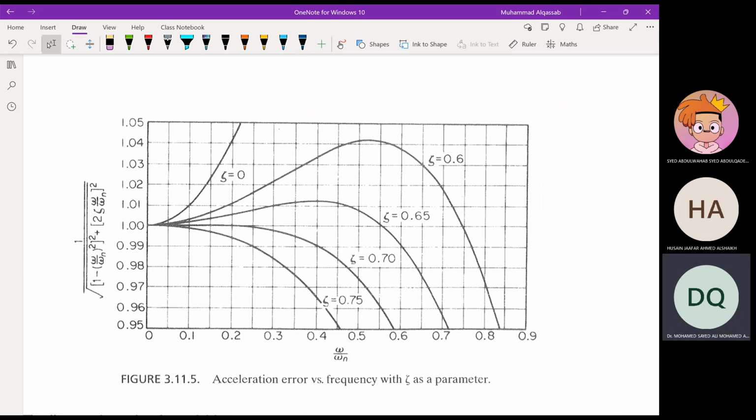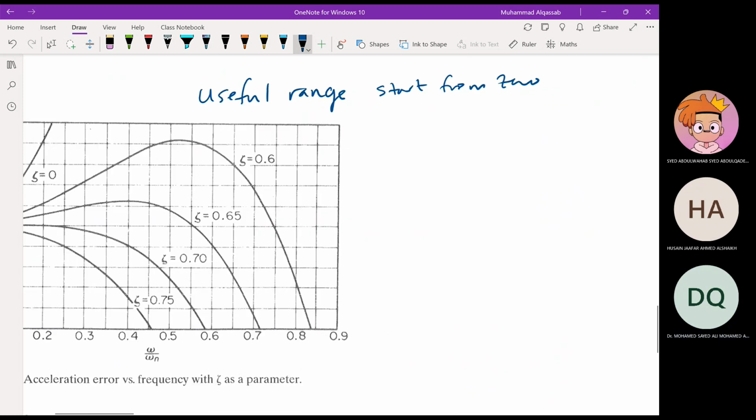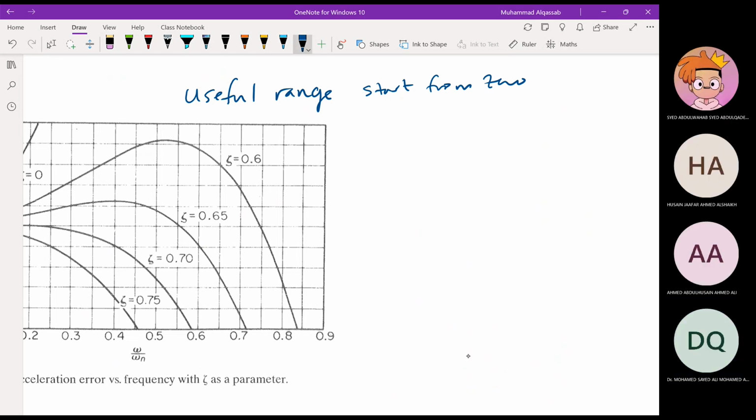Okay, the useful range for the accelerometer is measured from 0 and on. The useful range depends on the value, but in all cases it starts from 0 to a maximum.